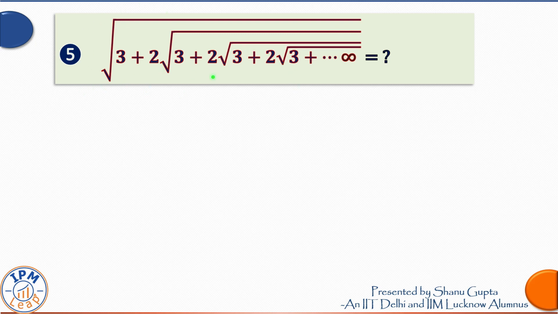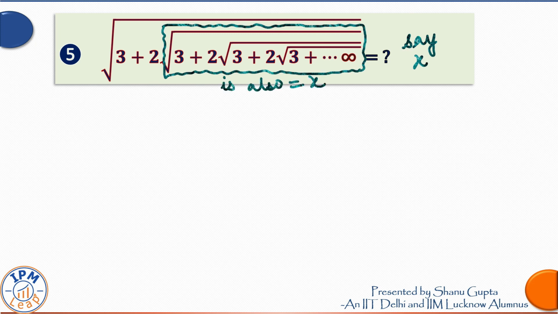So we will take our earlier approach. Say this expression is equal to x. Then this encircled expression is also x. Let us replace its value as x. Square root of 3 plus 2x is equal to x.